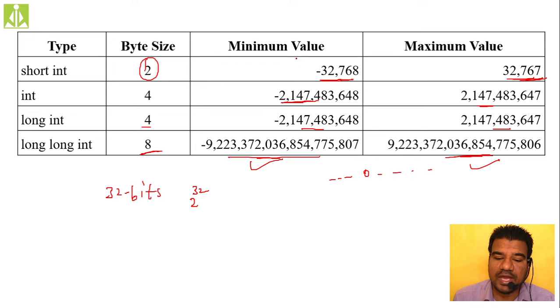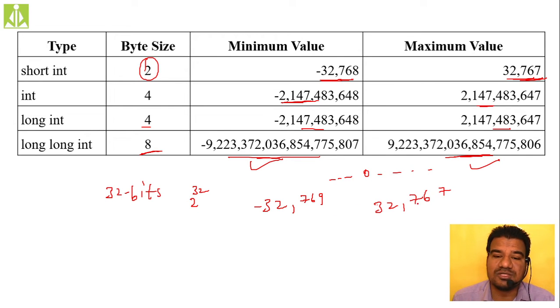Okay, if you exceed the range, let us suppose you store 32,768, you are saying na. If you store minus 32,769, then what will happen? It will go to the positive side, and it will store this value minus 32,769 as plus 32,767.